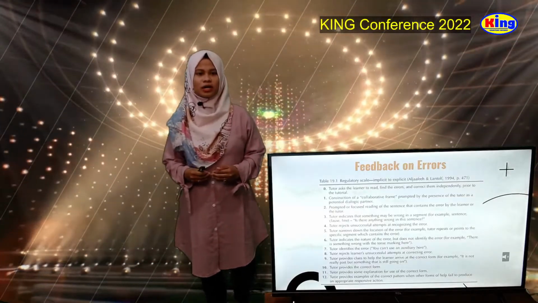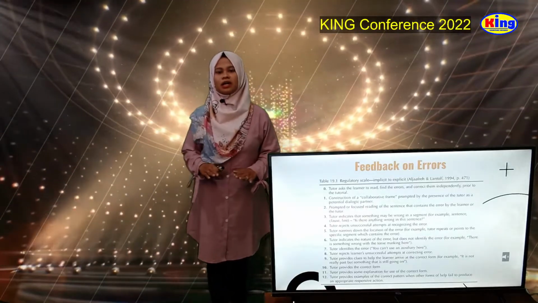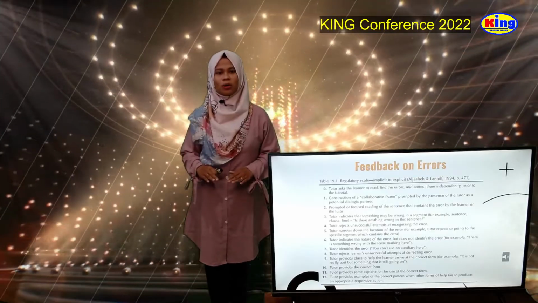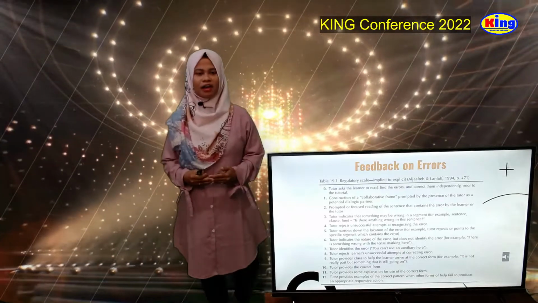The next one is the tutor can indicate the nature of the error but does not identify the error. For example, there's something wrong in the tenses here. Another way to give feedback: you can identify the error, and you can also reject the learner's unsuccessful attempt at correcting the error. Then the teacher can provide a clue to help the learner arrive at the correct form.